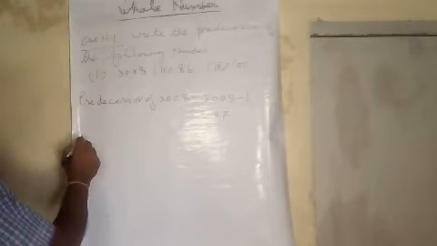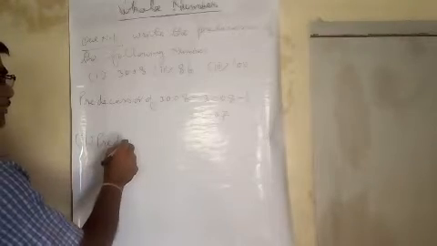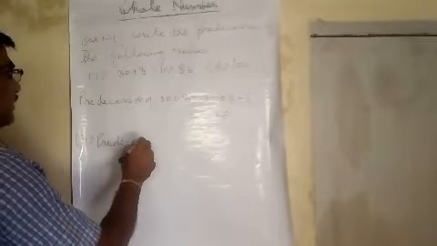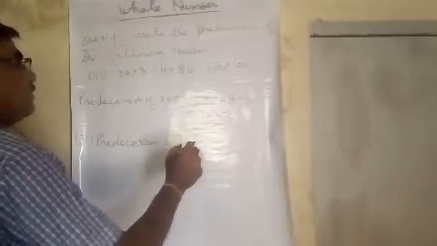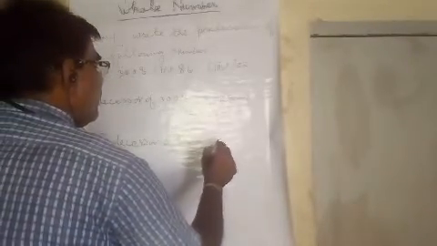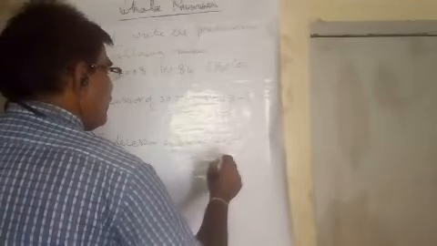Now, what is the predecessor of 86? Predecessor of 86 equals 86 minus 1 equals 85.